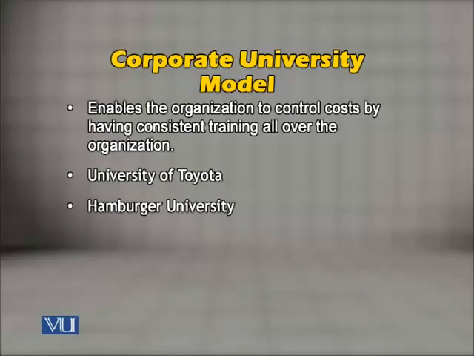Then McDonald's has Hamburger University that takes care of the learning function of the organization. Then Caterpillar, you would know Caterpillar has various industrial products. Caterpillar has a corporate university which has 6 colleges.